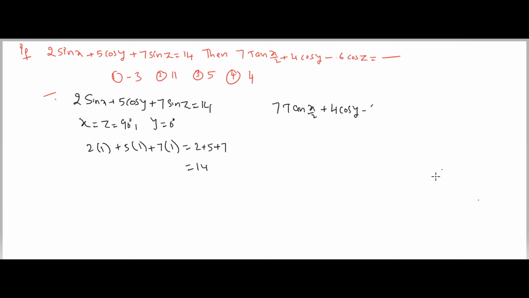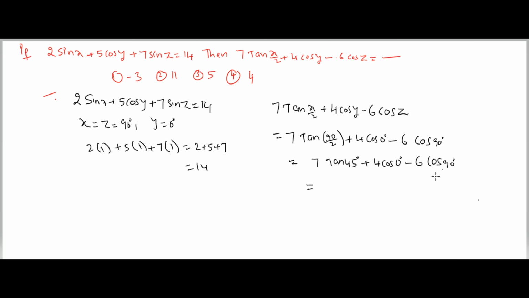Substituting these values in the given expression, 7 tan x by 2 plus 4 cos y minus 6 cos z, that is 7 into tan 90 by 2, plus 4 into cos 0 degrees, minus 6 into cos 90 degrees.